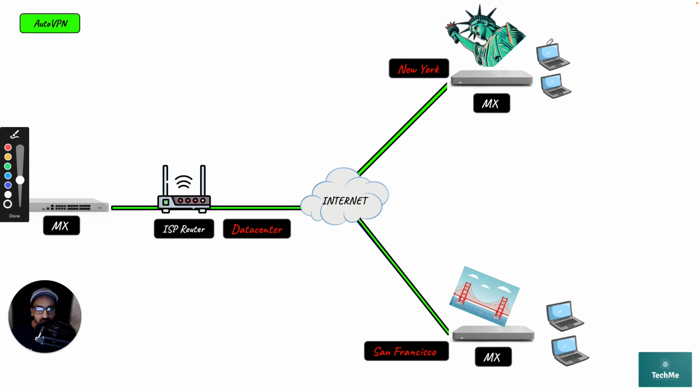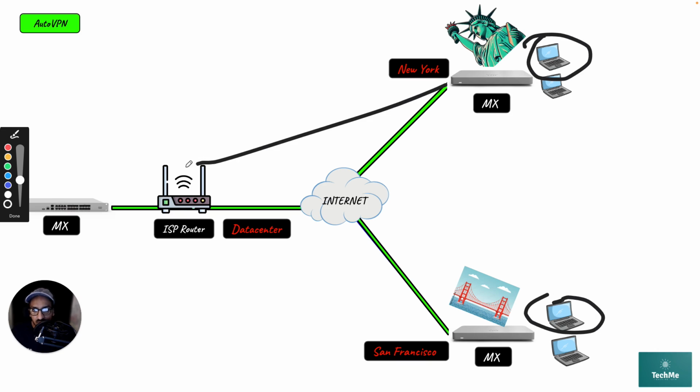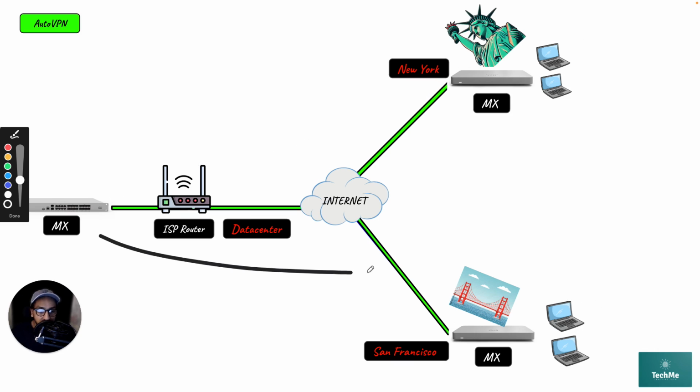So when a client in New York sends a packet to, let's say, San Francisco, New York would send it over to this MX, and this MX will process it, go through its routing table, and then send it over to the San Francisco site. And essentially that's pretty much the VPN concentration.